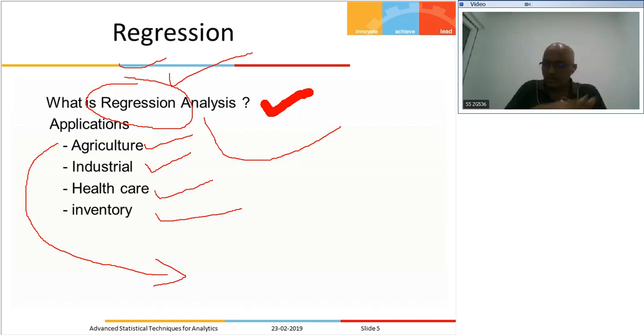I'll take 1 or 2 semesters of data, that is, the number of classes attended and the scores, which may be grades or marks. Now I have two variables: the number of classes attended, and the marks scored or grades. So now I want a tool to validate my assumption with the data I have.